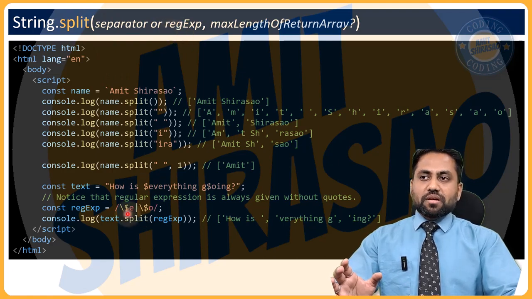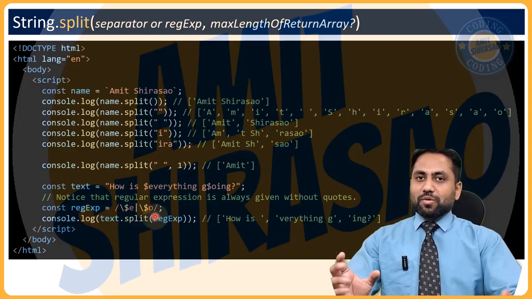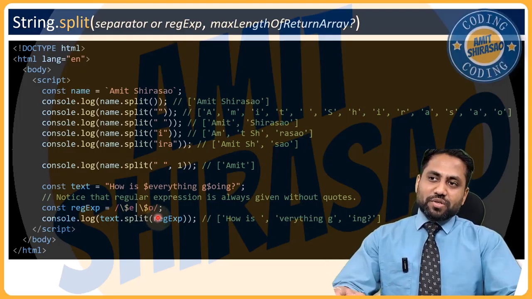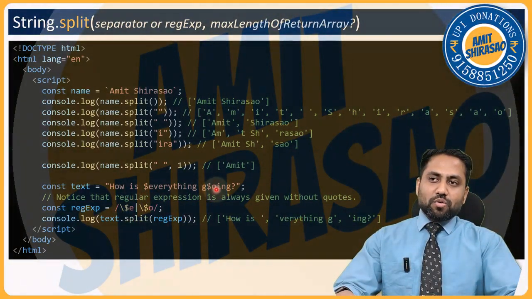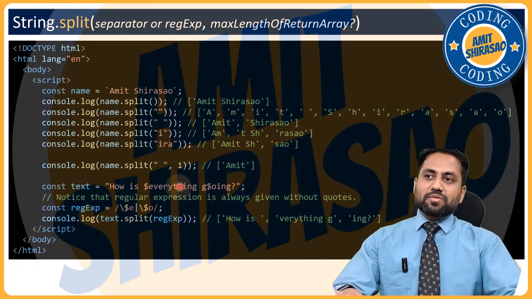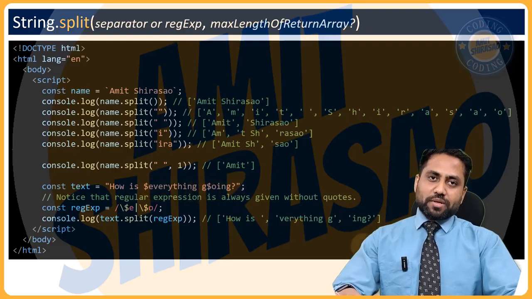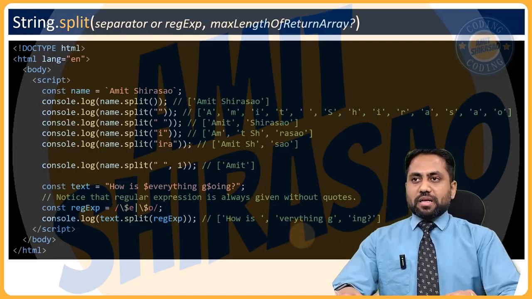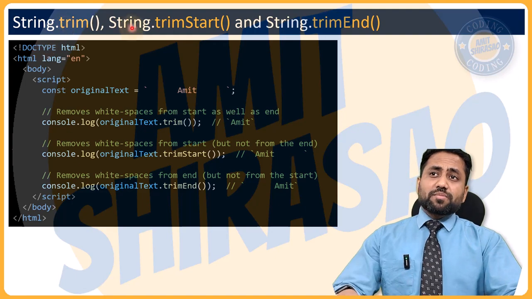So you can have wonderful scenarios where different separators are all separating the string, and they are finally giving you the array. Here $E and $O are also separators, and that's why you get this as the first substring, this as the next substring, and this last part as the third substring. Got the idea?